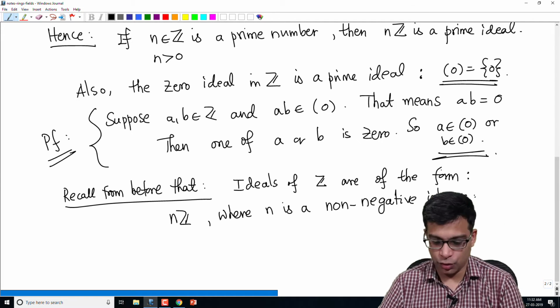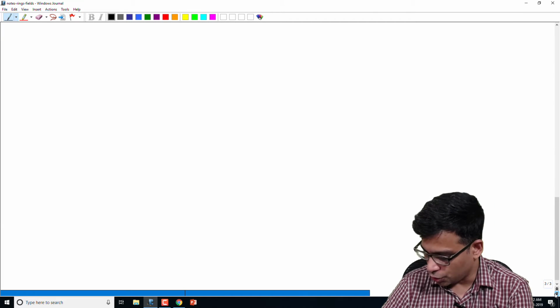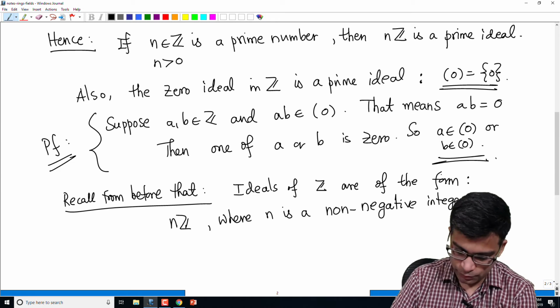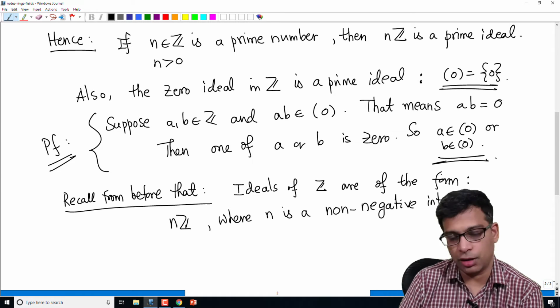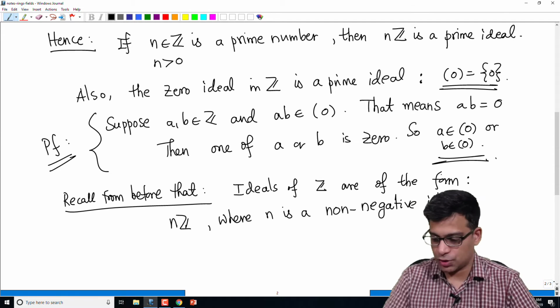I proved this using the Euclidean division algorithm. Remember that 0 of course is allowed: 0Z gives you the 0 ideal. So you have the ideal 0, the ideal 1Z, which is the entire ring Z, and the ideals 2Z, 3Z, 4Z and so on.